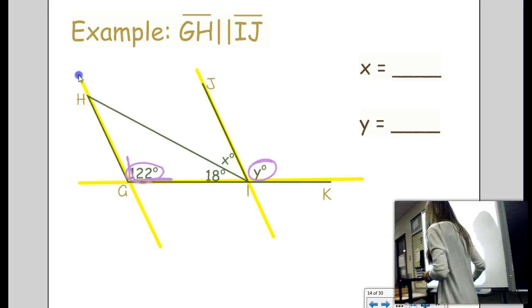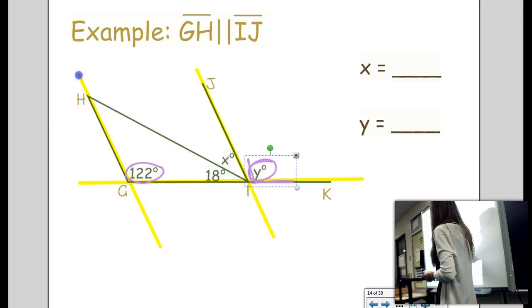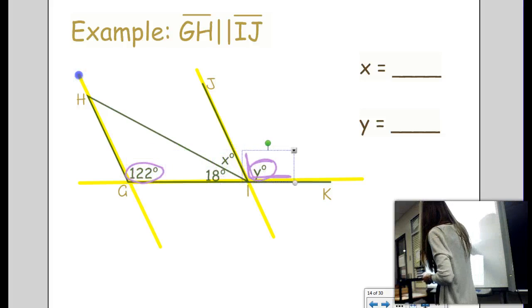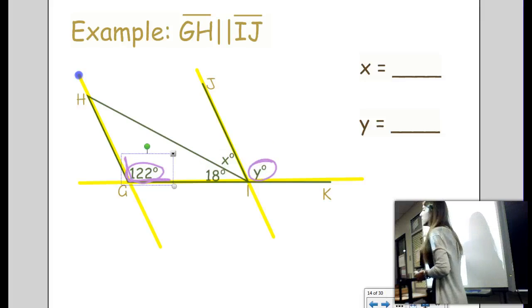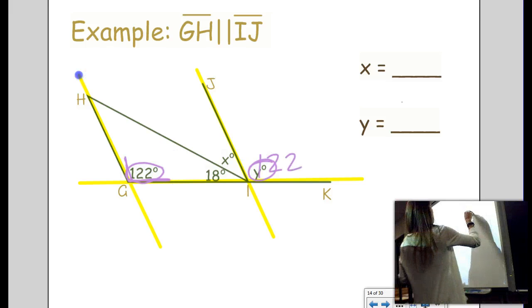I call it the slide angle, because you could just take this one and slide it into its spot. It's corresponding. Look, this fits here. See how it perfectly fits? Corresponding. Does that start with an S? No, it doesn't. Congruent. So 122, 122.